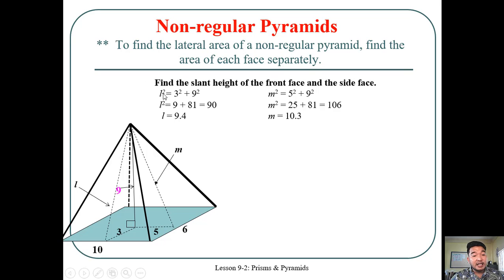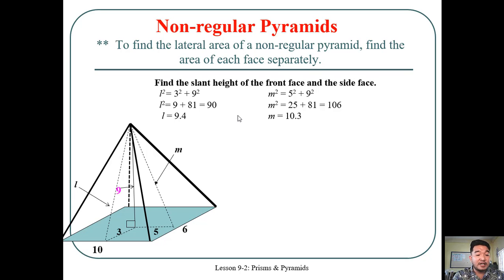We solve for L. L squared is equal to 3 squared plus 9 squared. So L squared is equal to 9 plus 81, and that is equal to 90, and L is equal to 9.4. And then for M, we will have M squared is equal to 5 squared plus 9 squared, so M squared is equal to 25 plus 81, that is equal to 106.